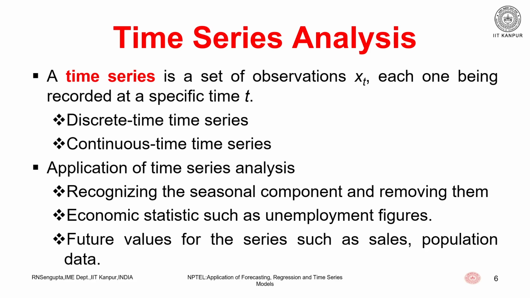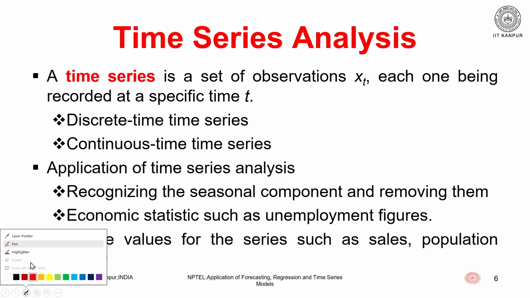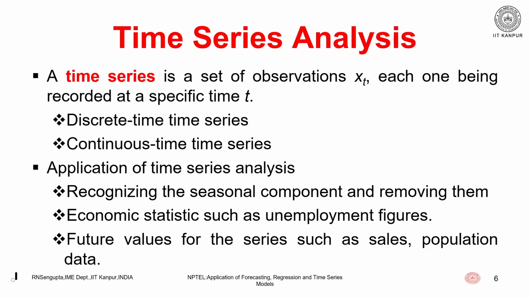Now, this is important. When we are measuring or trying to delineate the time series, let me draw a simple diagram. Consider you have this y axis where we will denote the value x as we measure, and along the x axis we will denote the time, and here we will denote x t.